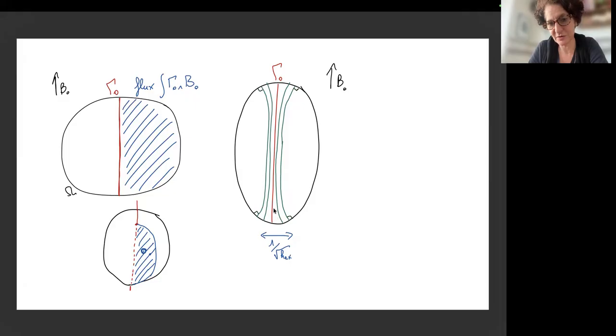And when you increase the magnetic field, the vortices will come at gamma naught, but if more and more appear in the sample, they try to separate a little bit because they want to be near gamma naught for magnetic reasons, but they repel each other.